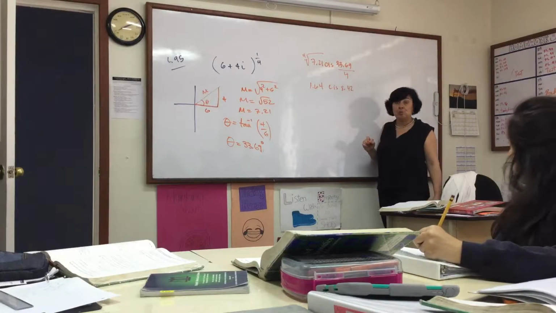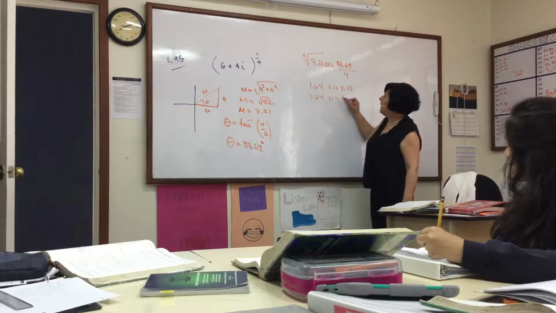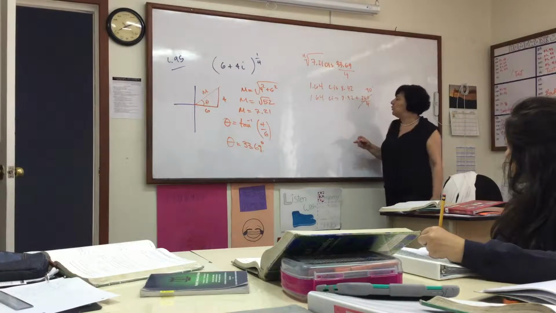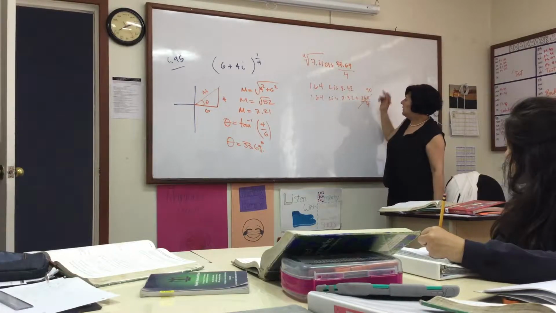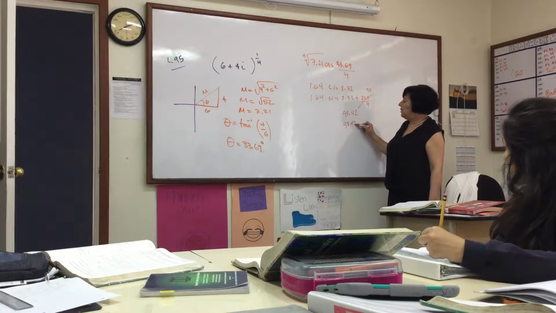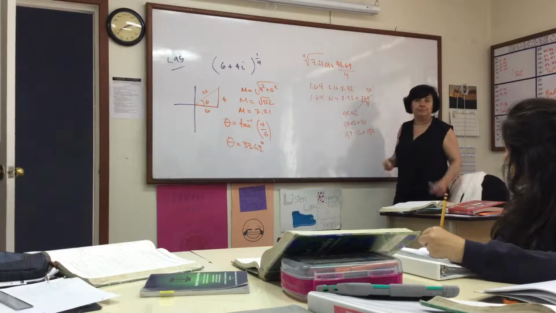How do you get the next one? 360 over 4, which is 90. So 8.42 plus 90 is 98.42. And then the next one is 98.42 plus 90, and then 98.42 plus 180, and so on. And you've got 1, 2, 3, 4.